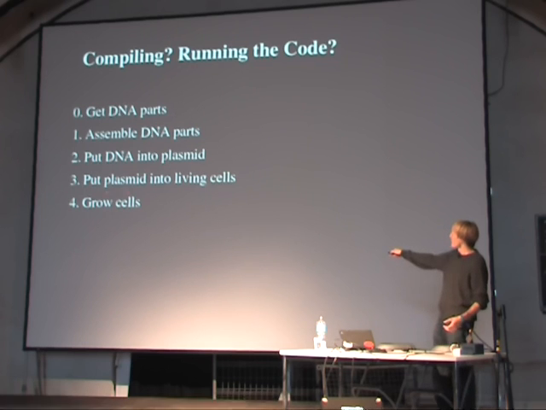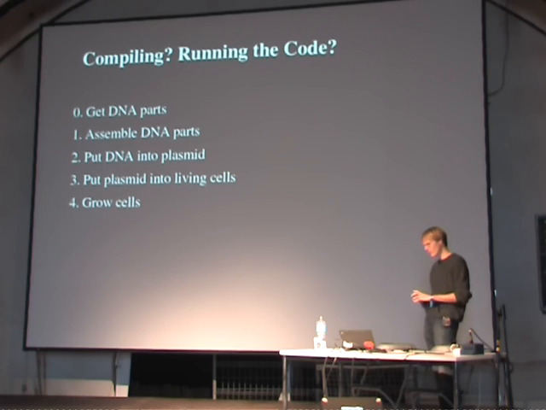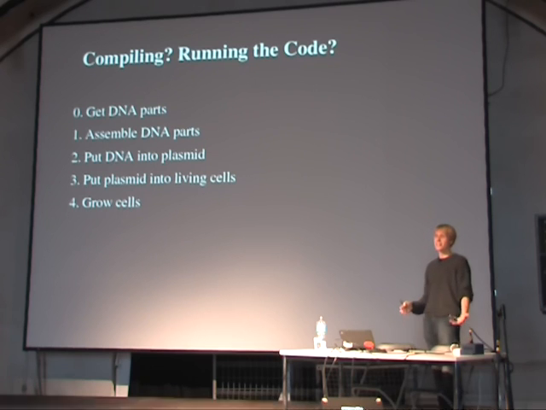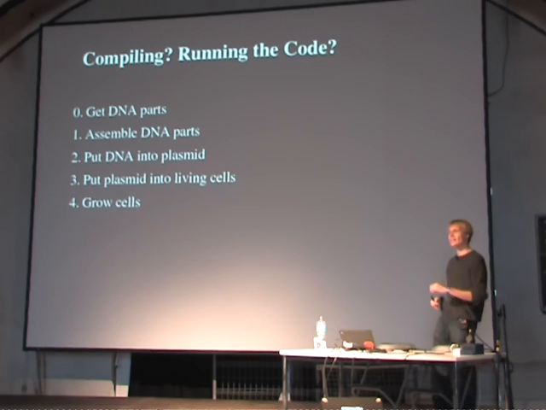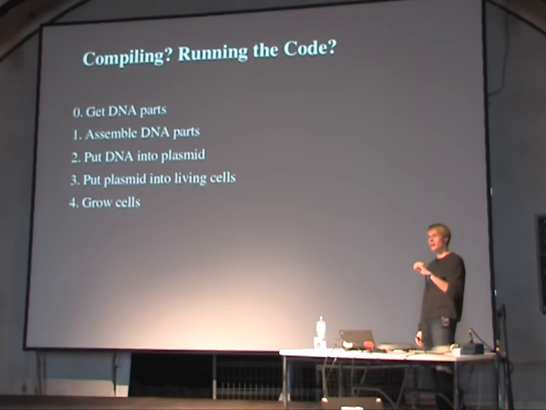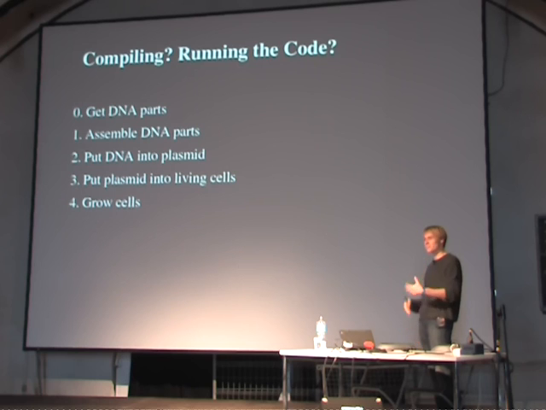And you can put this plasmid into living cells in different ways, but it's surprisingly easy. You can use something called a gene gun for plants, which has little gold particles that are charged, and the DNA attaches and you can shoot it in, and some of them will end up in cells and replicate. You can also just use some chemistry to stress the cells out.